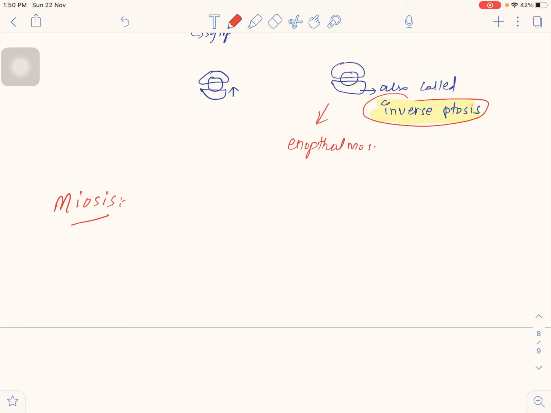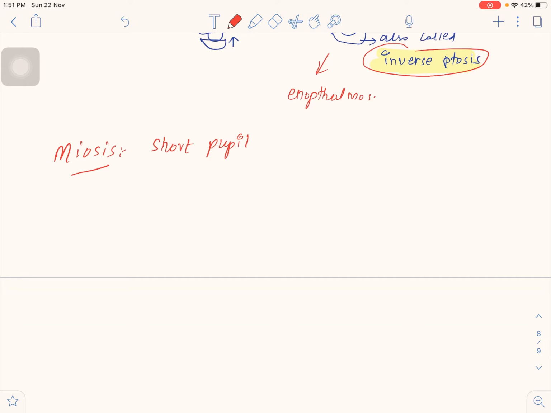As the sympathetic pathway is affected, meiosis occurs. That is a small pupil. Because of this, we can see anisocoria.